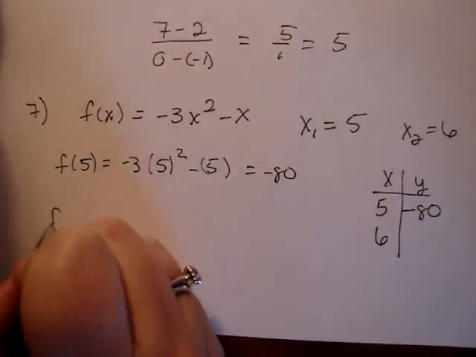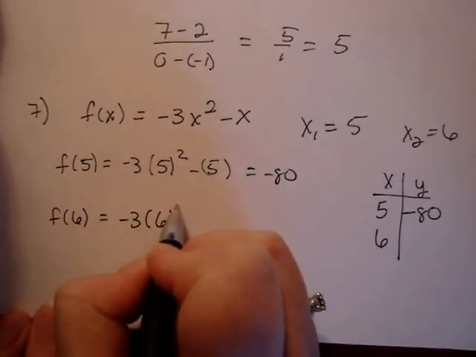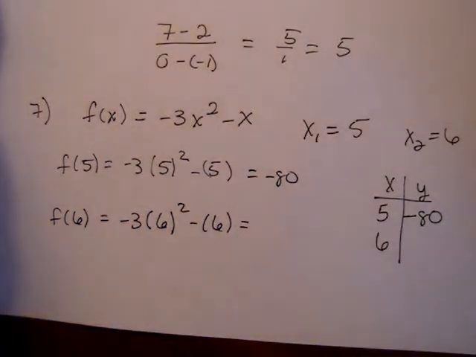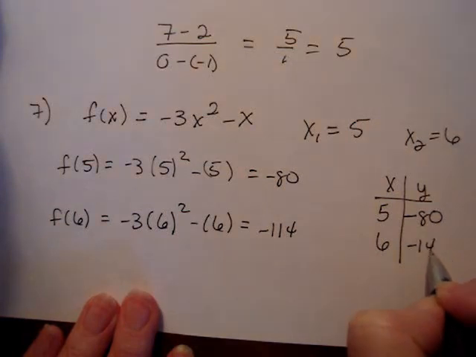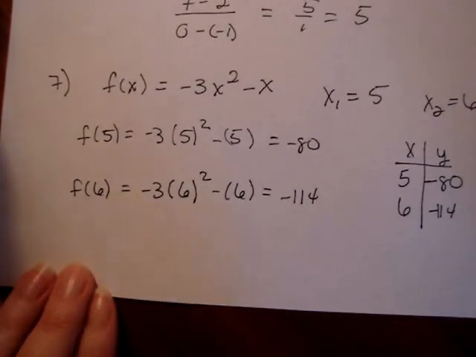f of 6. F of 6 is going to be negative 3 times 6 squared minus 6 equals, alright, I think I need my calculator for this one. So 6 squared is 36 times negative 3 is negative 108 minus 6 is negative 114. And now I find the slope between those 2 points.